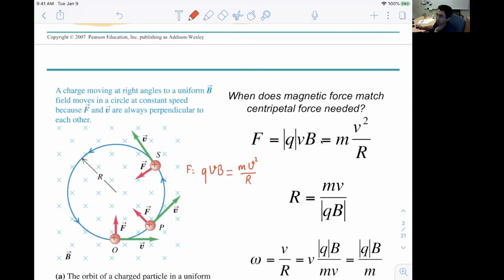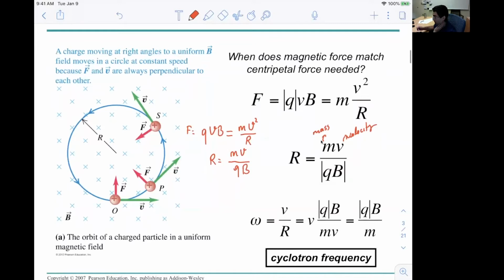I hope you remember this from Physics 1. From this, you can calculate the R. R is going to be m times velocity, m is the mass, divided by QB.